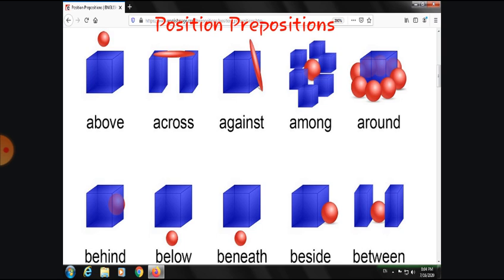So there are many more prepositions. Countless prepositions are in English. That's why it is very tough to understand and discuss all of them.